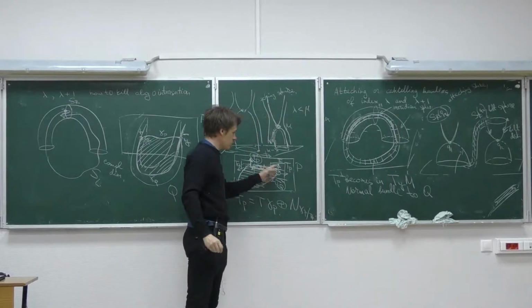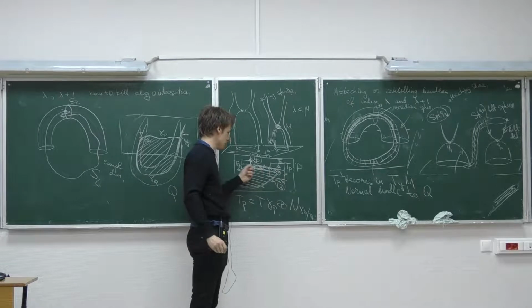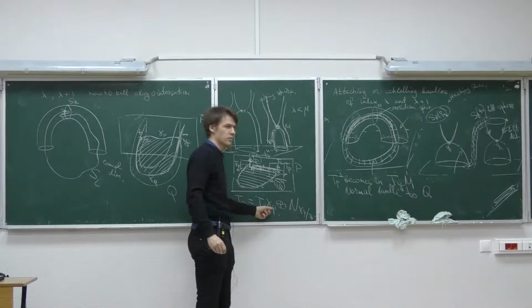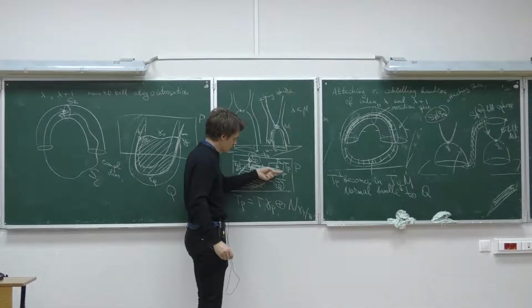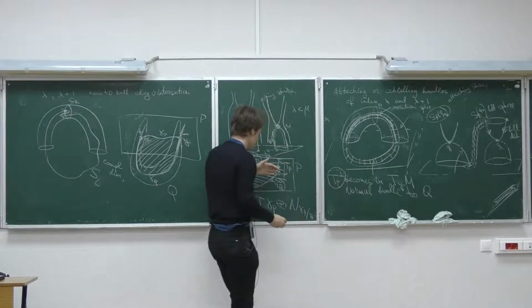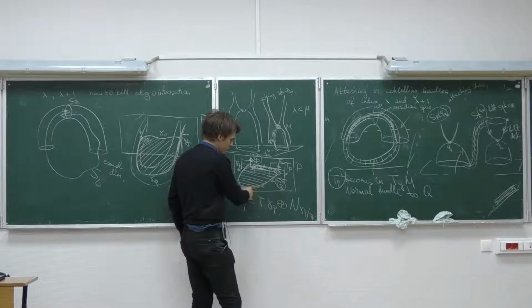And I want to explain what it means. Notice that TP was orthogonal to gamma P. So here I want to express this component so that it is related with the corresponding bundle of the disk.